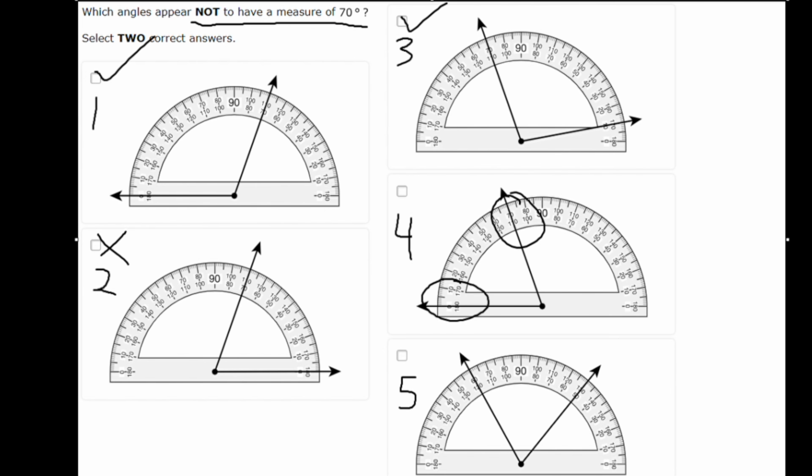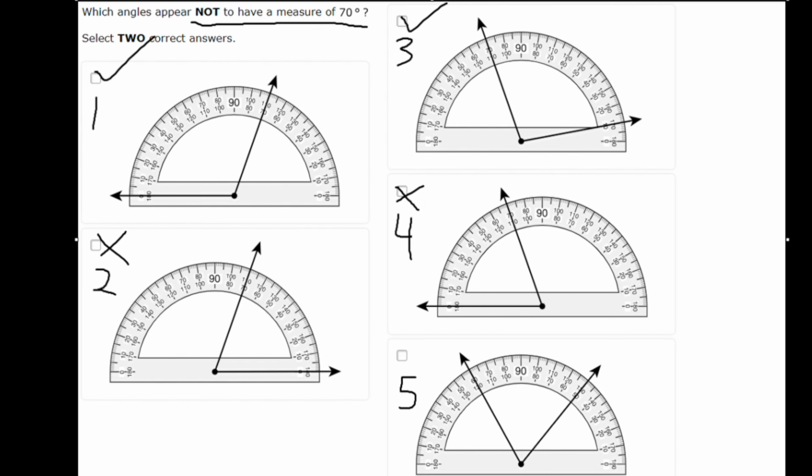Remember, I'm using the top numbers only. So here it lines up at 70. At the bottom, it lines up at 0. 70 minus 0 is 70. So option 4 is not what we're looking for, because remember, we are looking for angles that are not 70 degrees.